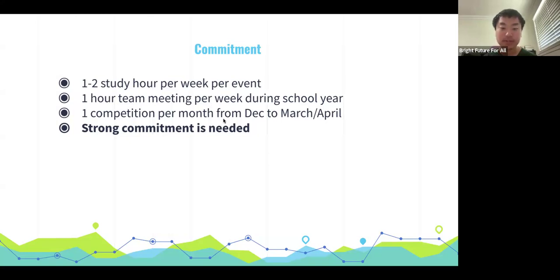We did one competition per month generally from December to March or April. That was for in-person events. During COVID, we did even more. Just to reiterate: strong commitment, strong commitment, strong commitment.